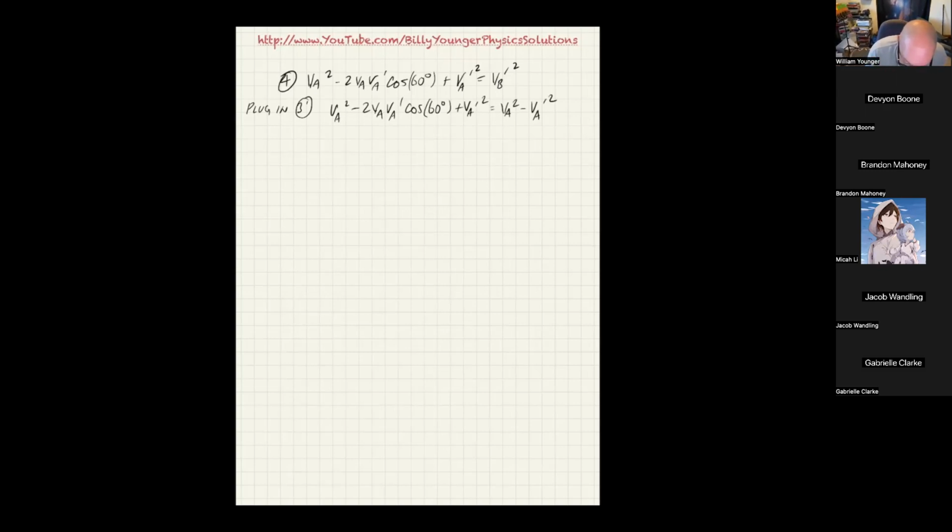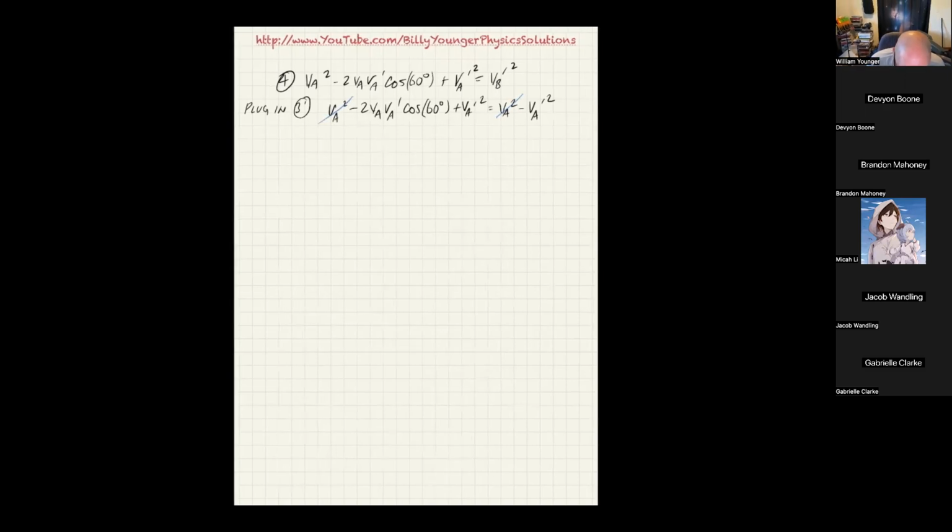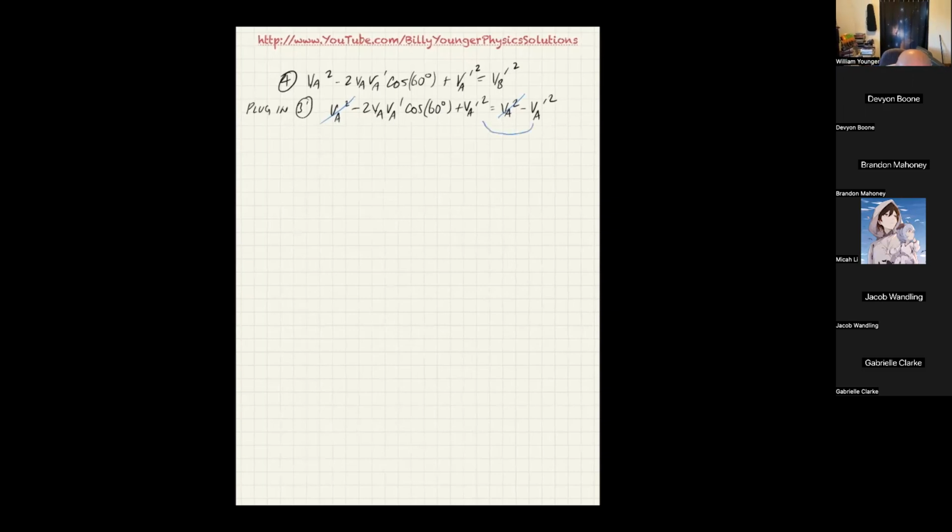Now you can see I can subtract a VA squared from both sides, and that looks pretty nice. And not only that, I could, for instance, pull this VA prime squared over here and pull this term over here, and that's going to make both of them positive. In fact, what I will get is 2 VA prime squared is equal to 2 VA VA prime cosine 60 degrees.